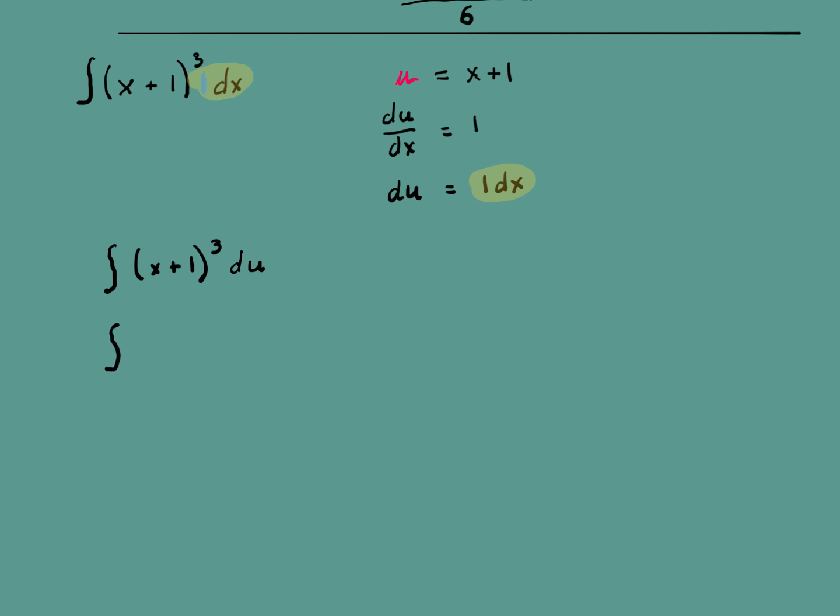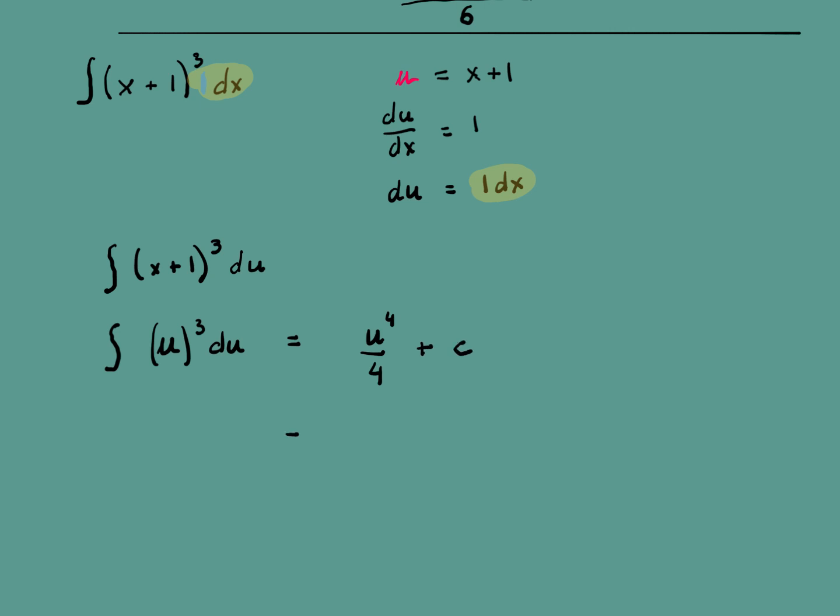So we know that x plus 1 is u, so we will write u to the power of 3 du. And now it's easy to integrate. We raise it up into u to the 4, divided by 4, and add the integration constant.